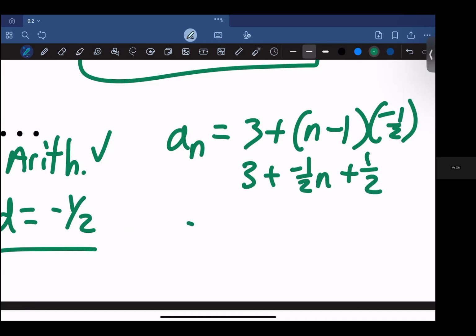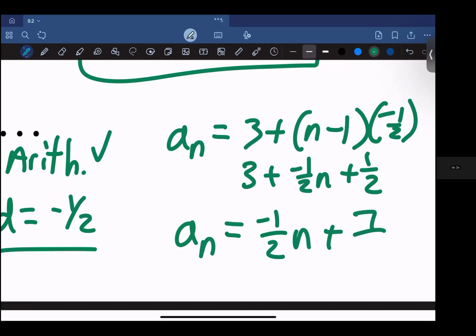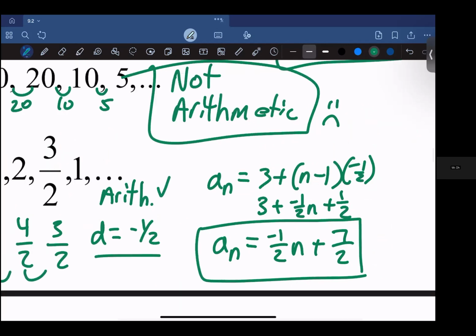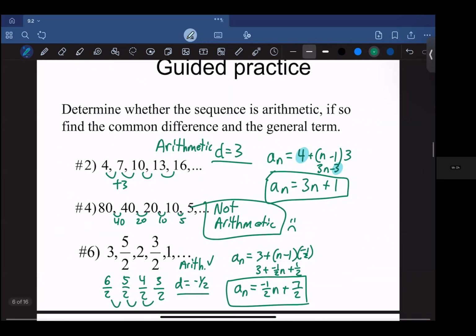And then let's combine like terms. Final answer will be a sub n equals negative 1/2 n plus 7 over 2. Let's just get it all into a fraction: 6 plus 1 over 2. All right, cool. So hopefully that wasn't too bad.